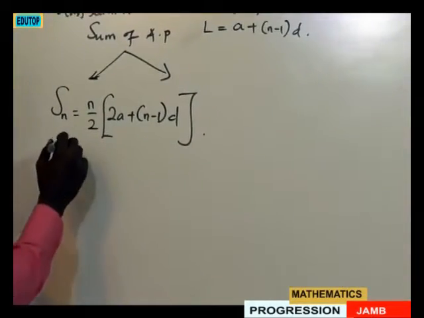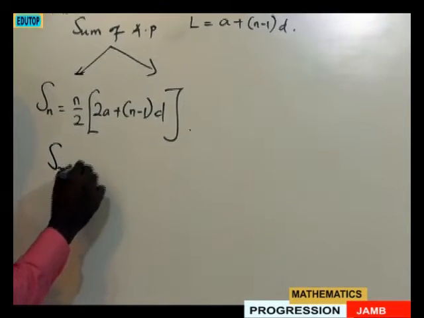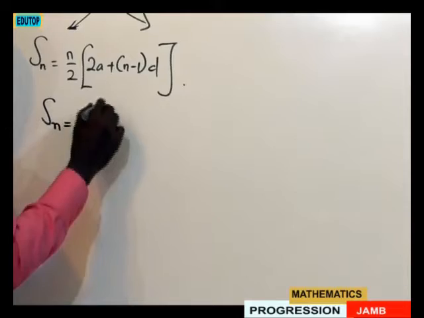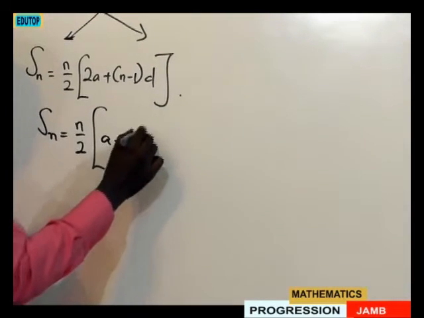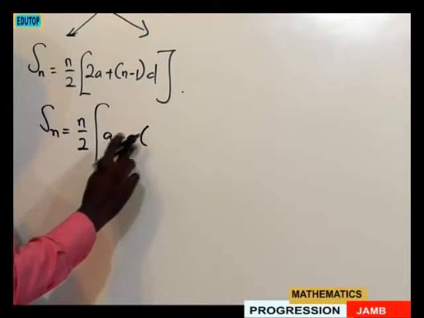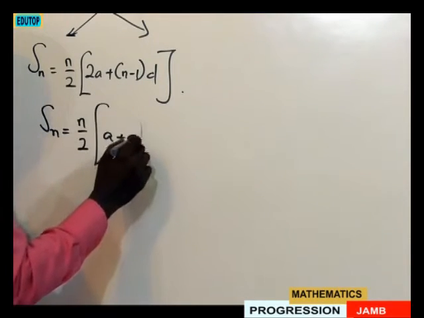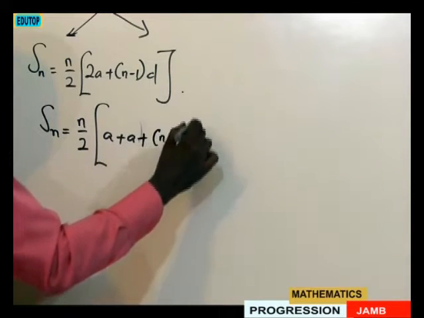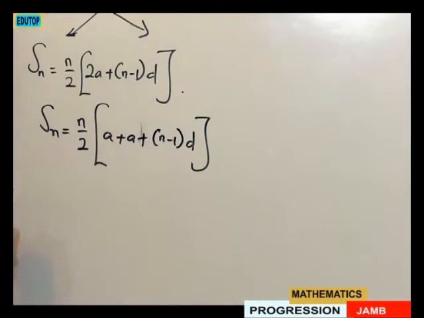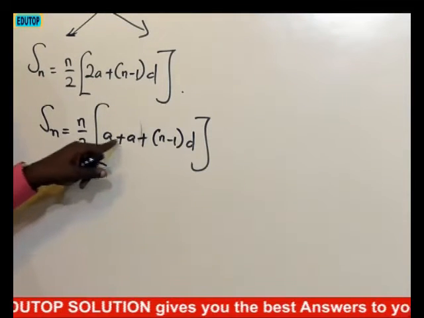We can derive another one which involves the last term from this. So 2a is a plus a, and the other a is continued with plus n minus 1 d. So what I've written here is just to break 2a into a plus a.